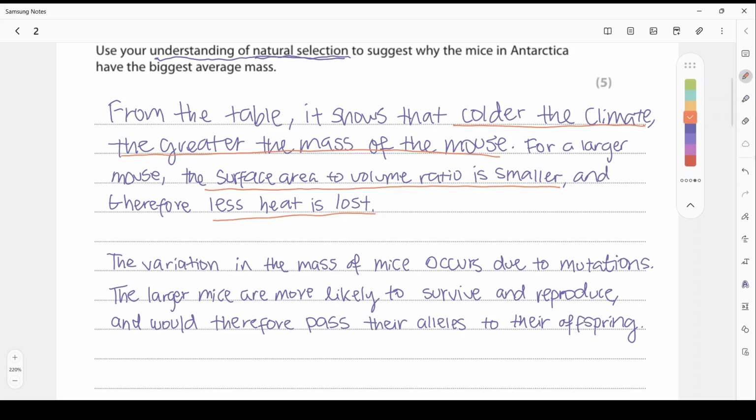So if you have more insulation, you would have less heat loss. Another mark is mentioning that variation is due to the mutations that occur. So that's actually 2 marks, one for variation and another mark for mutation. And then the 2 other marks would be the larger mice are more likely to survive and reproduce, and then pass on their alleles to their offspring. So those are 1, 2, 3, 4, 5, 6, 7 marks.